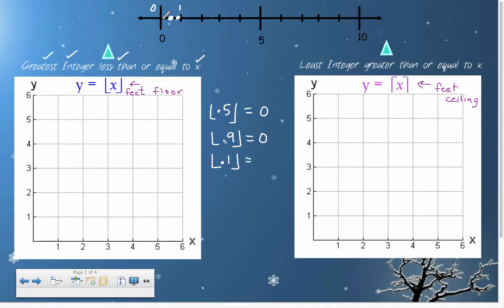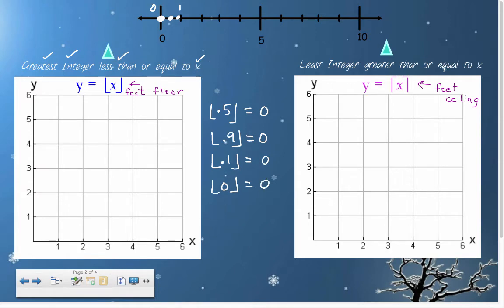And that's right there. What is the greatest integer less than 0.1? 0. Now what happens if I put in 0? What is the greatest integer less than or equal to 0? Oh, 0.